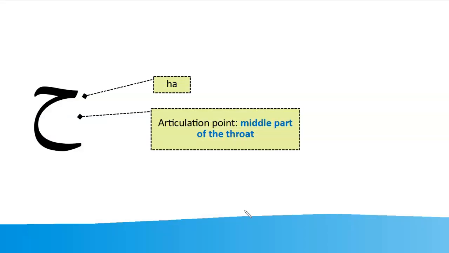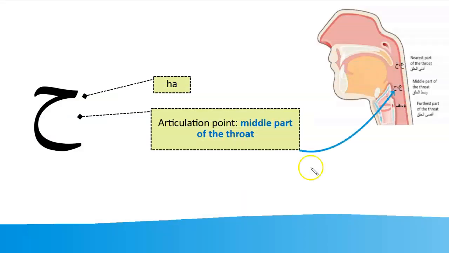And we have this here. It's called ha. It comes from the middle part of the throat, like so. We discussed hamza, which lies at the deepest part of the throat. Now ha comes from the middle part of the throat, and we have to make sure we make it sharp enough.